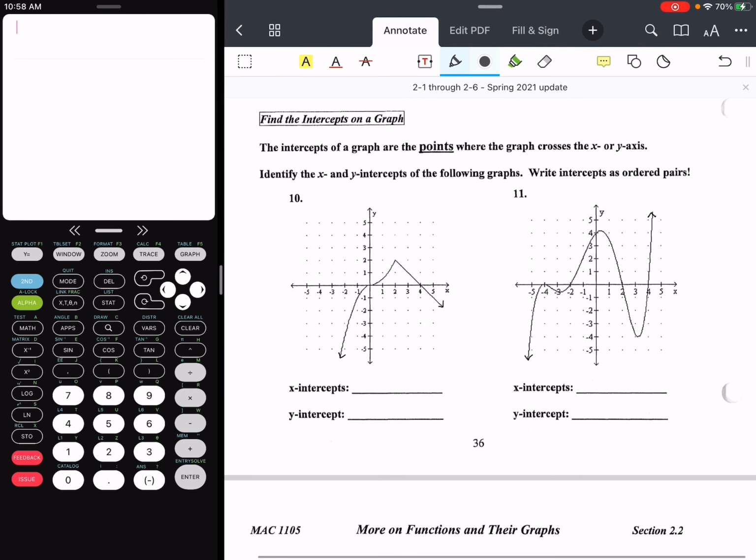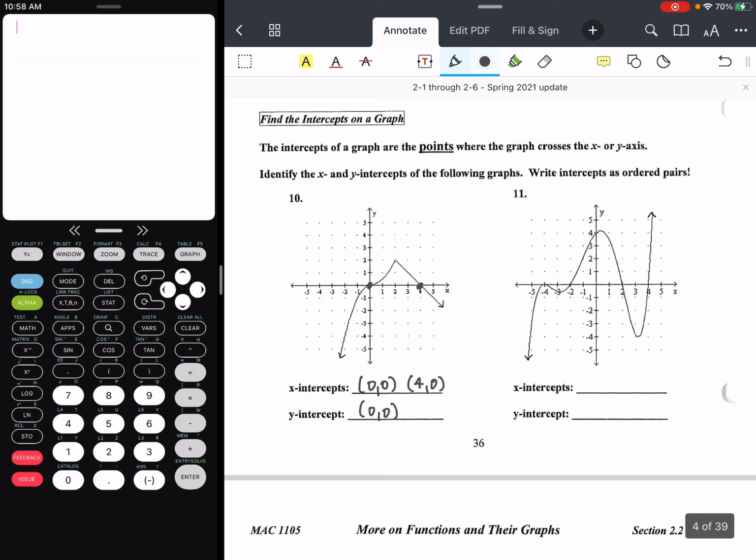All right, and finally, let's take a look at intercepts on the graph. So we're trying to identify the x and y intercepts. So for number 10, this is anywhere that my graph hits the axes. So for my x-intercepts, looking along the x-axis, I have 0, 0, as well as 4, 0. And along the y-axis, I have 0, 0.